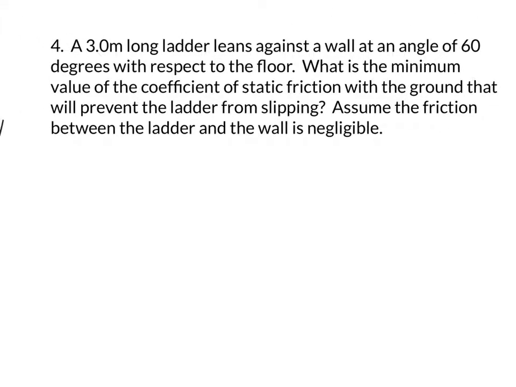Oh, I love these. A 3-meter long ladder leaning against a wall at an angle 60 with respect to the floor. Let's draw this. We have a wall and a floor and a ladder leaning between them. So there's the ladder. And the angle it makes with the floor is, what it said, 60 degrees.